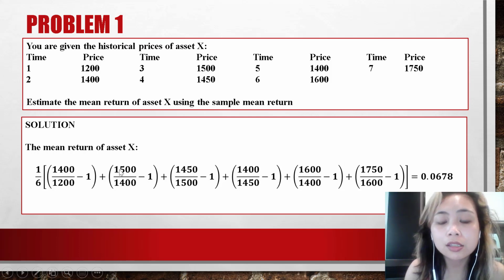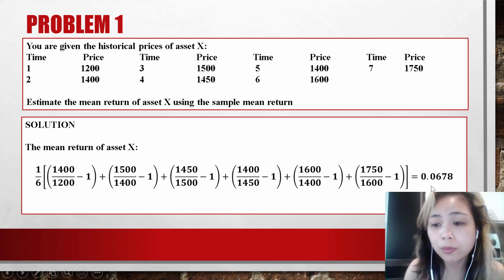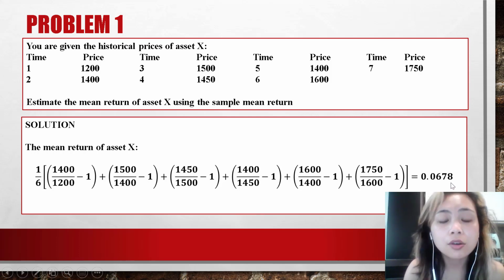Then we take these 6 numbers, add them up together, and divide by 6 for the sample mean return. And we got 0.0678, which means 6.78%, or 6.8%.